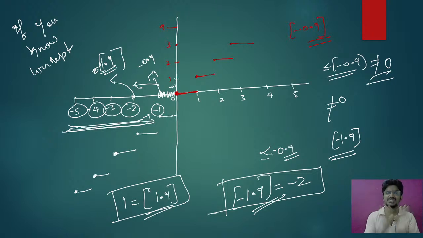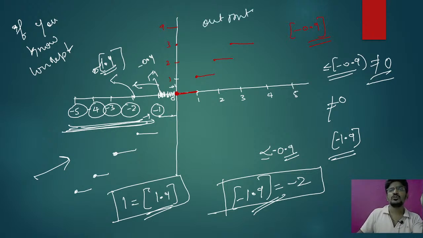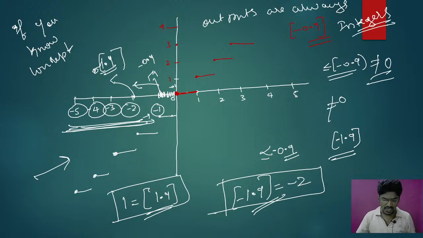Okay. So you understand here, and you can see the nature of the graph will be like this. And the outputs are always integers. If the outputs are always integers, then what is the meaning?